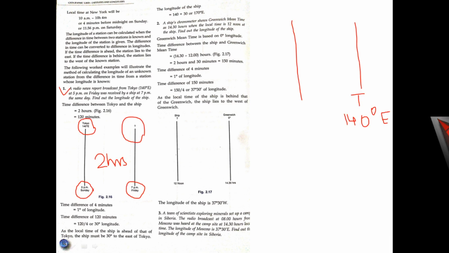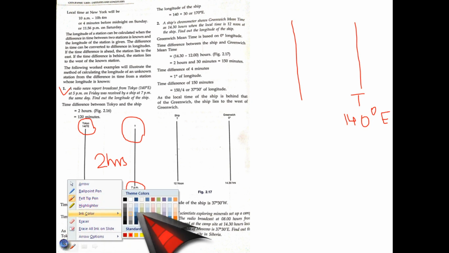The question says: a radio news report broadcast from Tokyo, 140° east, at 5 p.m. on Friday was received by a ship at 7 p.m. the same day. Find out the longitude of the ship. As you can see, I have already written some key points.